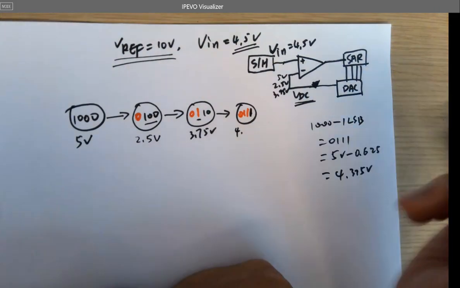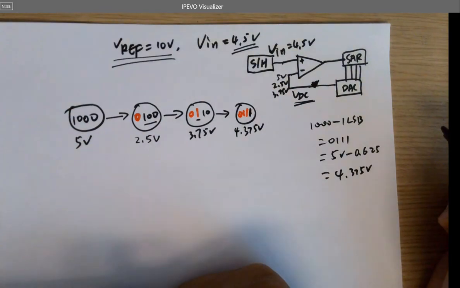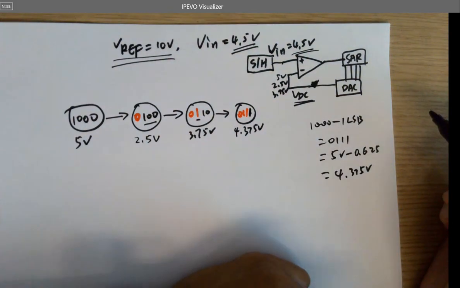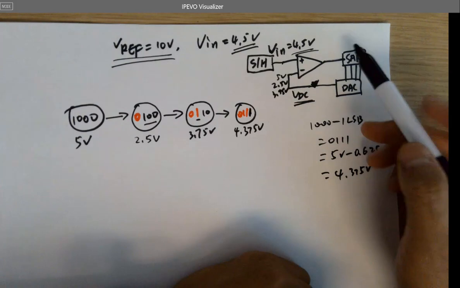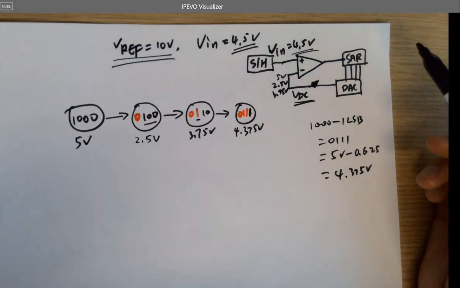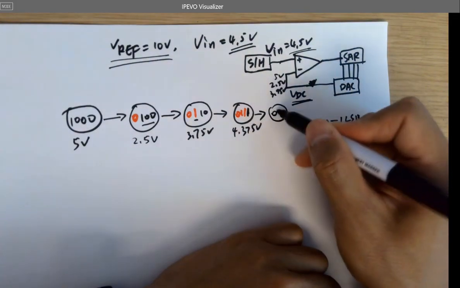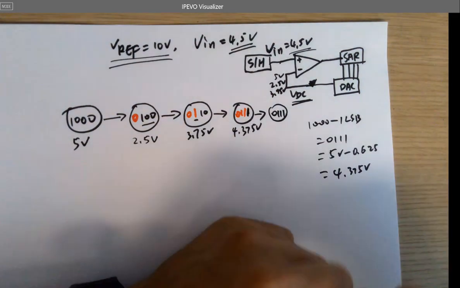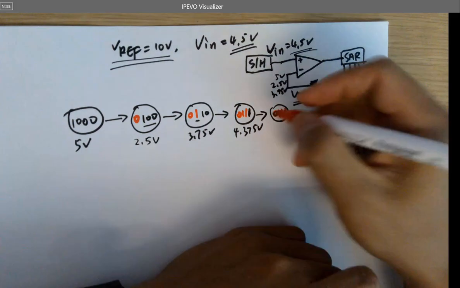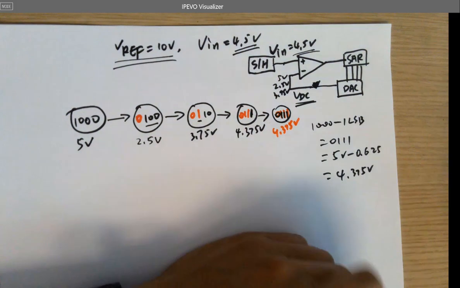So this is 4.375 volts. And compared to 4.5, you're getting a 1 or 0? 1 again, right? Okay. So eventually it becomes 0111. Should be all right. As a final result.